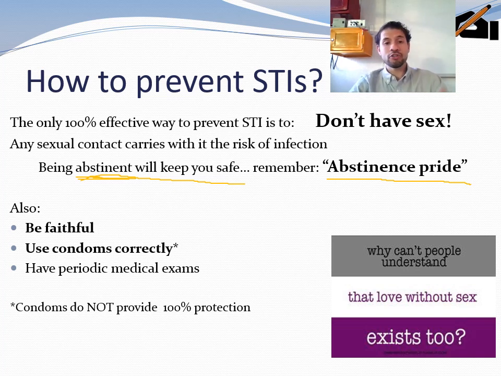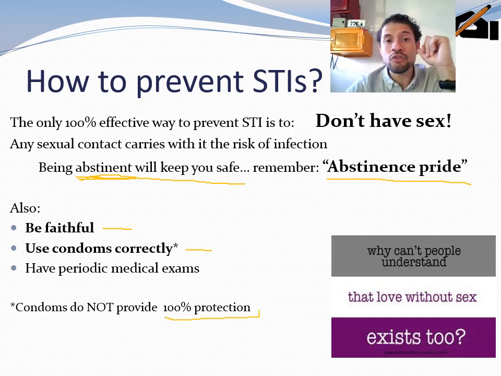Okay. Also, to prevent STIs, well, we gotta be faithful to our partners. That means not having any sexual encounters outside of our marriage and using condoms correctly. Now, I told you that condoms will not be protecting you entirely, not 100% protection. Okay, right here, you can read it. Not 100% protection, especially if you don't wear them properly.